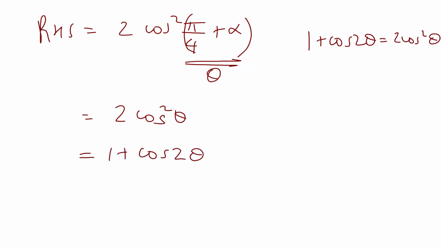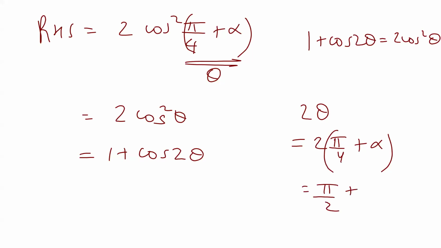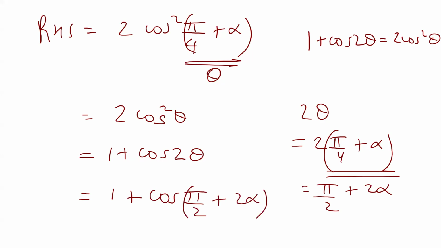Now we'll find out the value of 2 theta. So theta is pi by 4 plus alpha, so 2 theta is equal to pi by 2 plus 2 alpha. Multiply 2 into the round bracket over here. So this will be 1 plus cos (pi by 2 plus 2 alpha). This pi by 2 is nothing but 90 degrees.